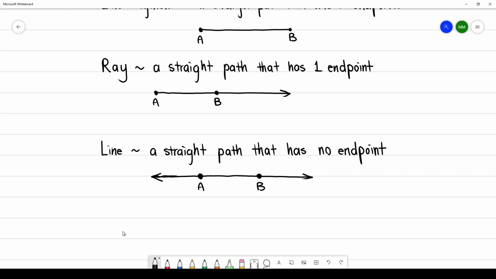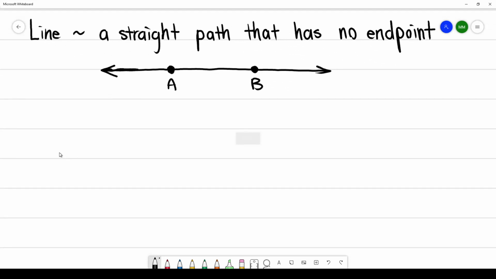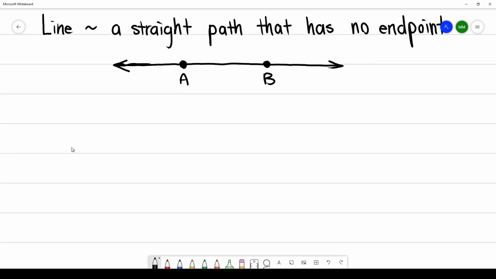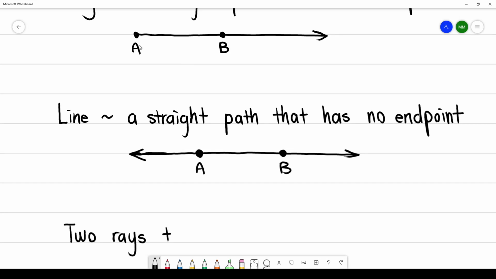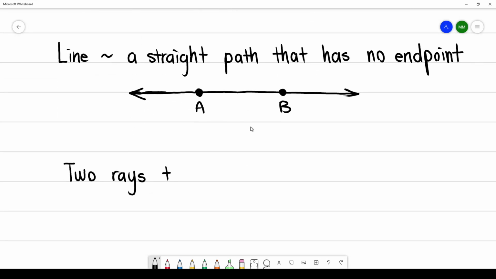These are the types of lines, and then with lines, or specifically rays actually, we create an angle. So two rays, so rays are these, remember, two rays that share a common origin or endpoint.